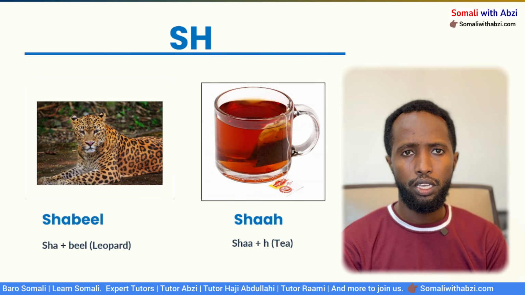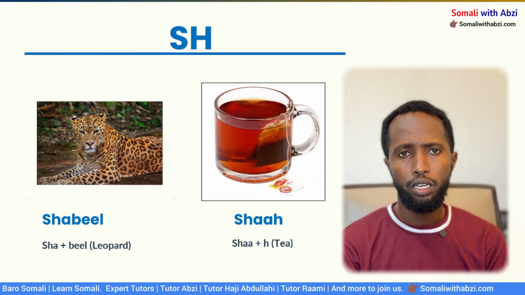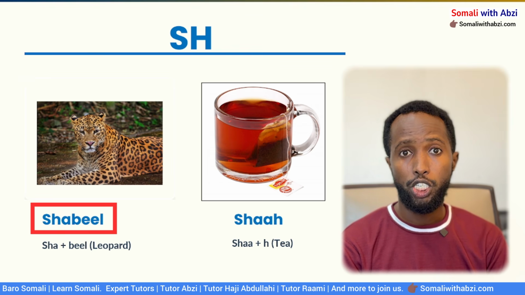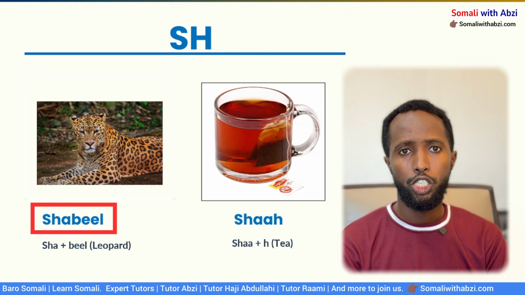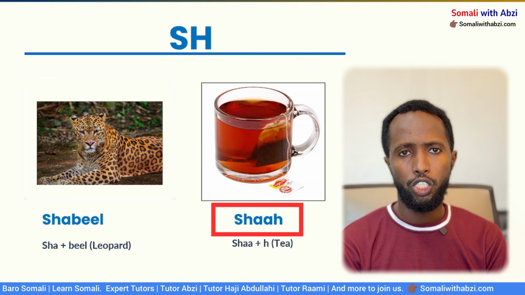The next letter is sha. Sha, we have two letters. When we combine them together, we get the sound sha. Like shabel. Shabel. Also we have shah. Shah.